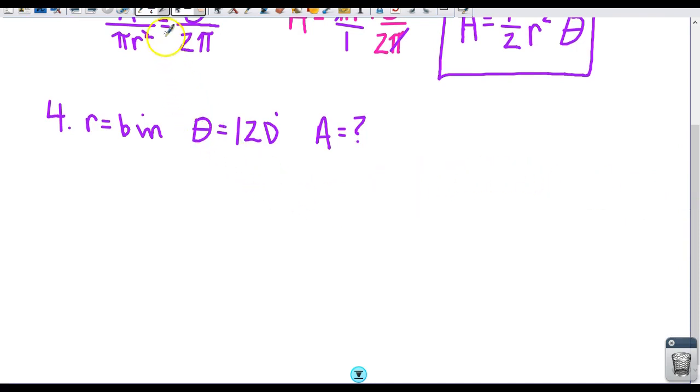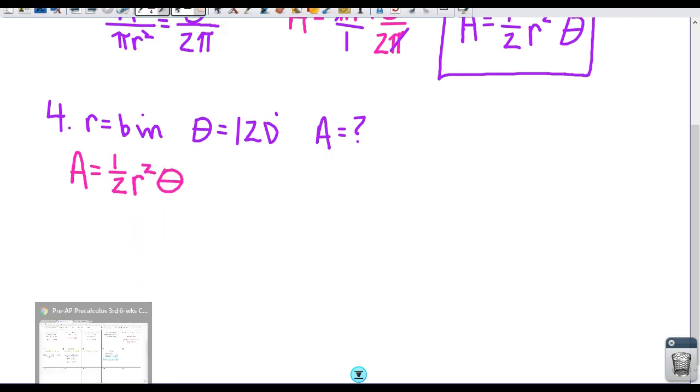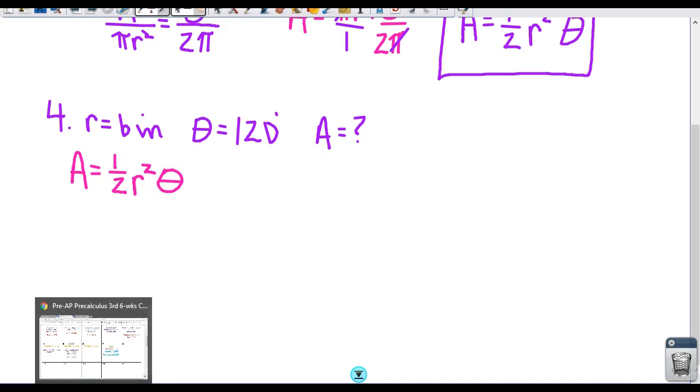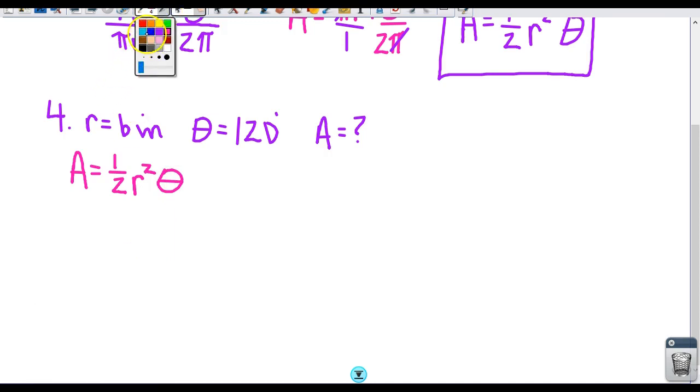All right, so our area formula equals 1/2 r squared theta. All right, but what does theta have to be in? Radians. Okay, so remember, you can think about the pieces that you know, right? We have special angles, 30, 45, and 60.